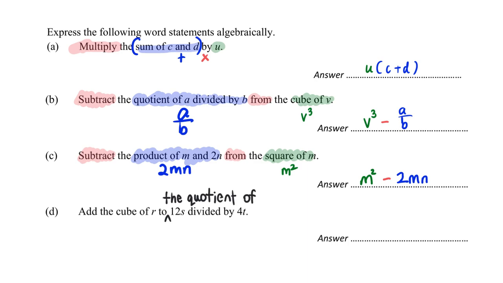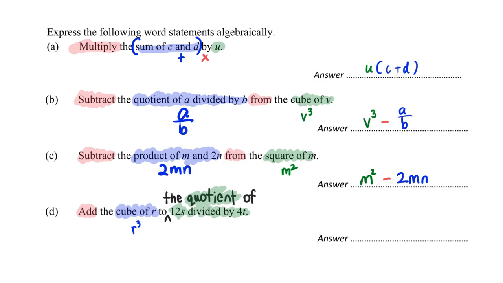Alright, so the very first thing is, of course, we need to make sure that we know what operations there are. We add, and there is a cube of r, meaning r to the power of 3. And after that, we are going to add this r to the power of 3 to the quotient of 12s divided by 4t.